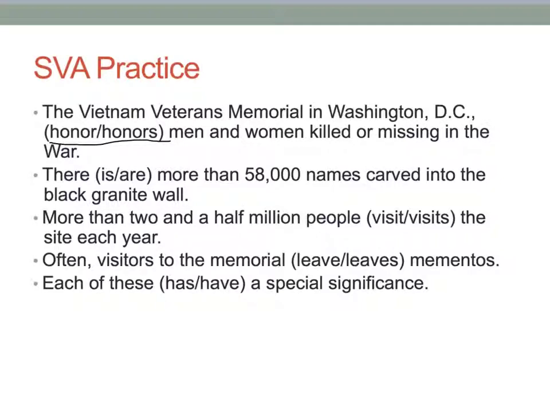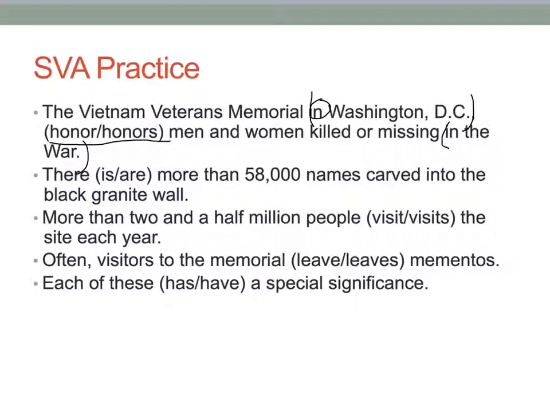So let's look at the subject in the sentence. Remember the trick of putting parentheses around prepositional phrases so you don't mistakenly think that something in a prepositional phrase is the subject. So I'm going to put parentheses around in Washington, D.C. because of course in is a preposition. In Washington, D.C. is a prepositional phrase. We have another prepositional phrase, in the war, at the end of the sentence.